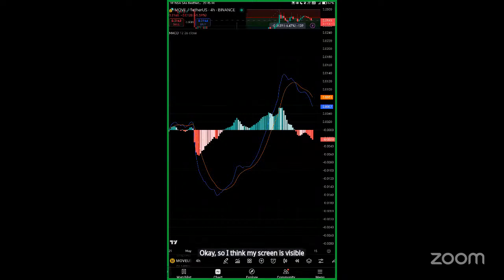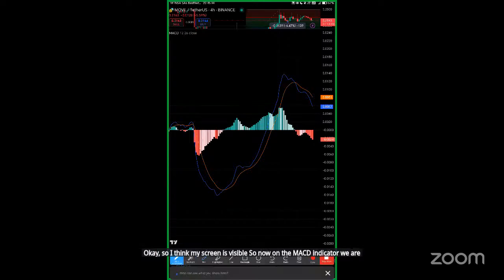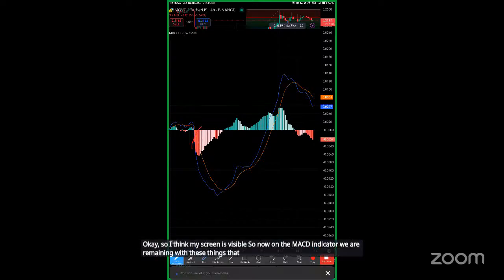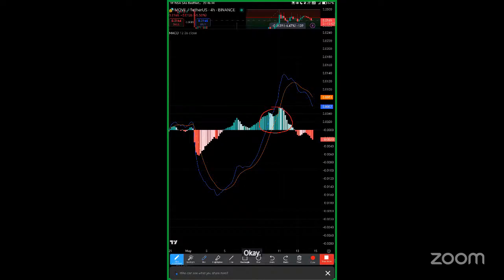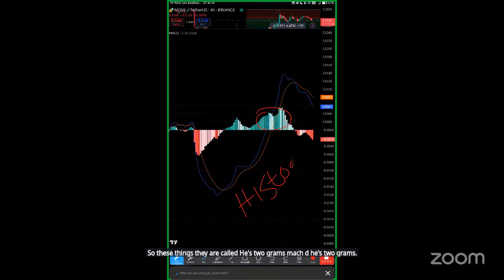So now on the MACD indicator, we are remaining with these things that look like clouds or mountains, red and green in color respectively. These are called MACD histograms.